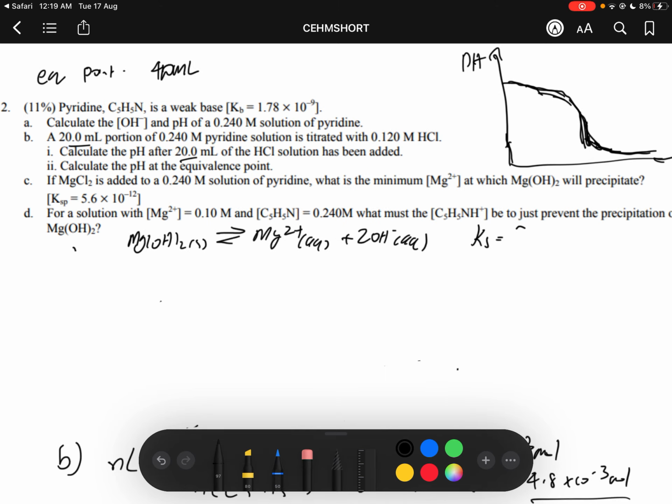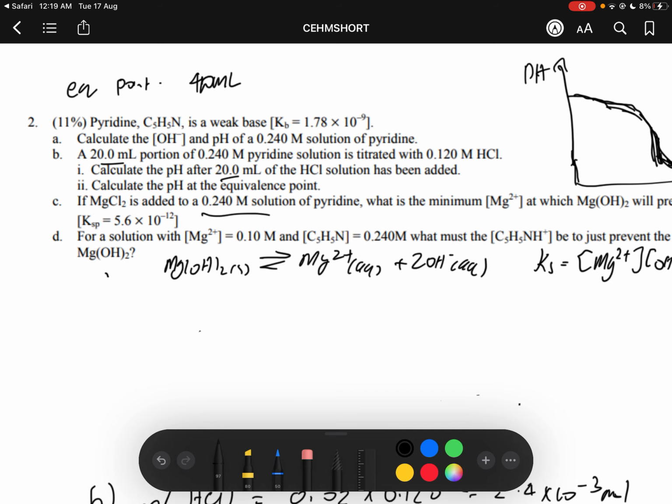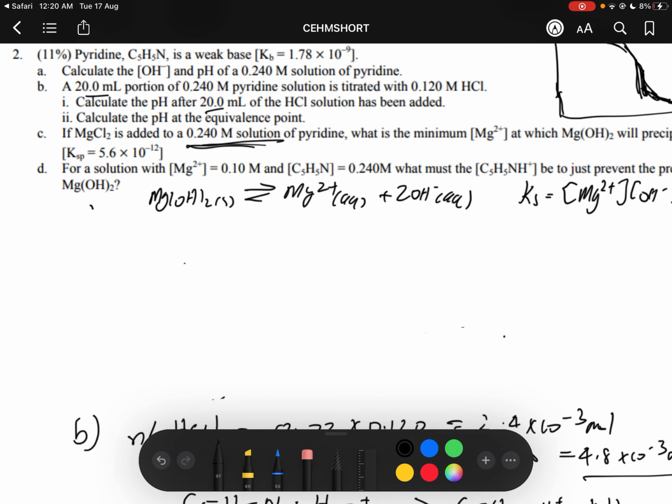We know this is the same solution of pyridine as in part A, and we found that the OH- concentration in the solution of pyridine was 2.07 times 10 to the power -5 mole per liter.